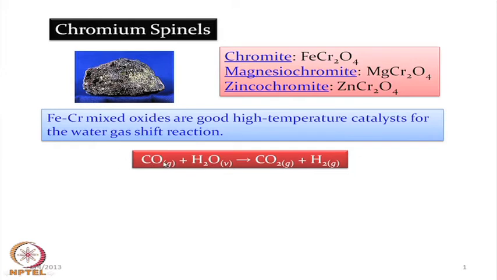We can take care of these carbon monoxide molecules, and we have plenty of these water vapors available. We can produce in the laboratory also, such that we are able to produce a good fuel gas, which is our hydrogen gas. So, hydrogen gas production can be a very useful technique utilizing these spinel based catalysts.